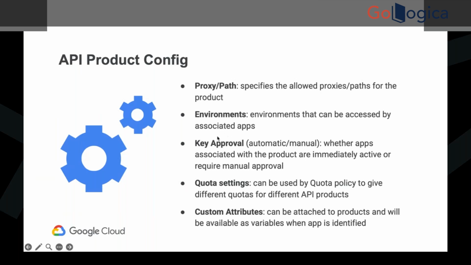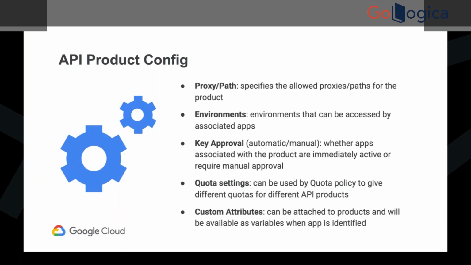APG allows you to select all the environments which are there. And then the key approval type, which determines what happens when a developer is subscribing. Apigee will generate an API key and secret. Do you want their API key and secret to be automatically approved, or do you want an Apigee admin to approve it?